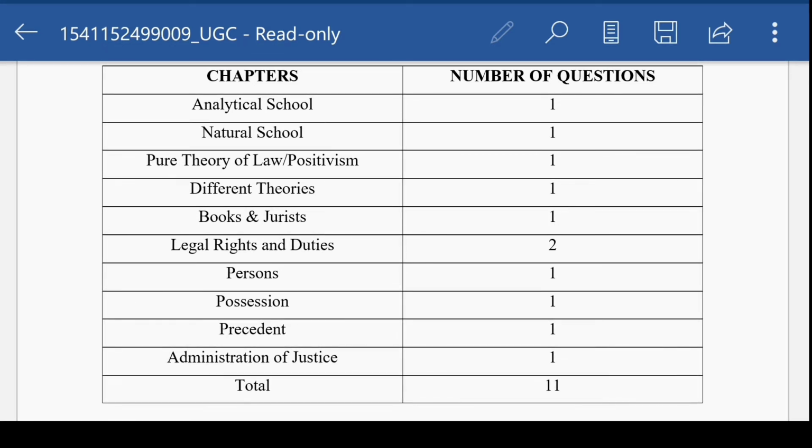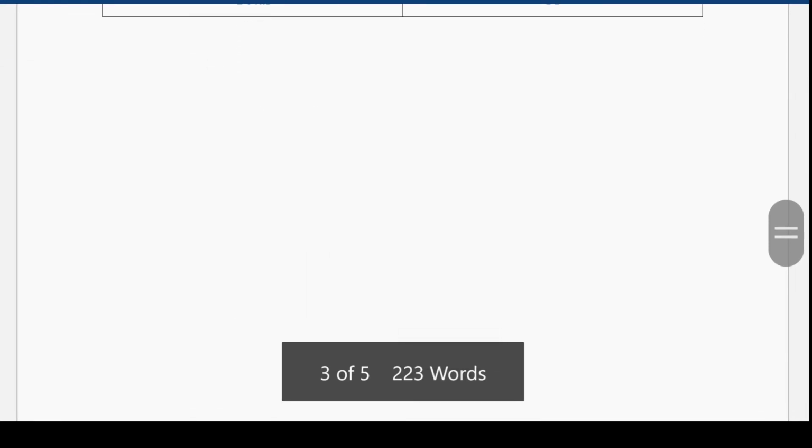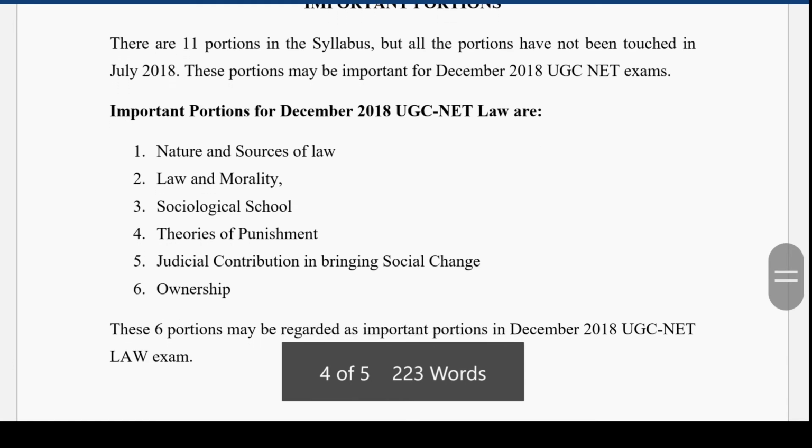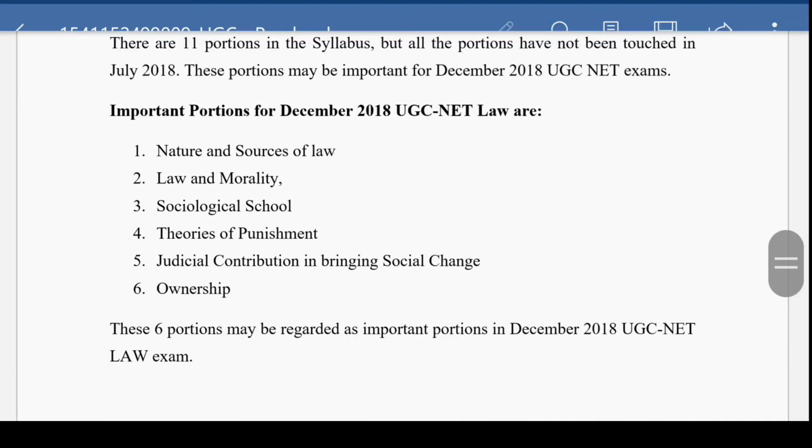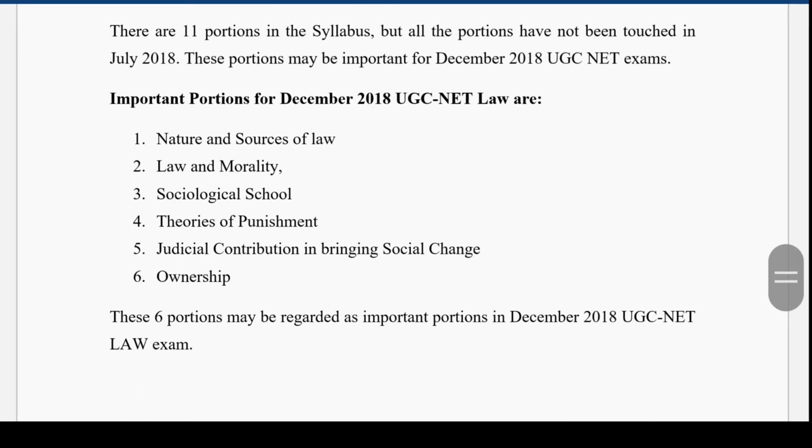Now getting on to the important chapters. I have already mentioned some, but the important chapters are like this. These 6 portions were missing in July 2018: nature and sources of law, which contains a lot of things but is quite easy and manageable.